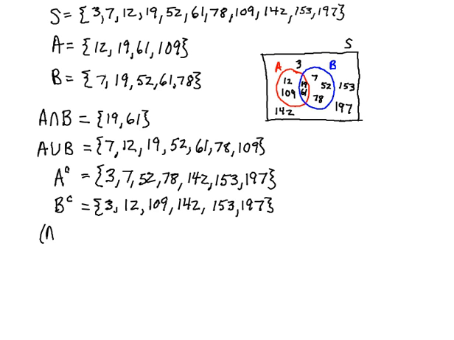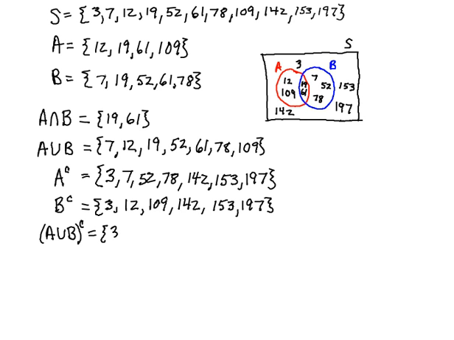Okay, let's take A union B and find the complement of it. In other words, what are all of the values in the sample space but outside of A union B? Looking at the Venn diagram is a helpful way of seeing what these values are.